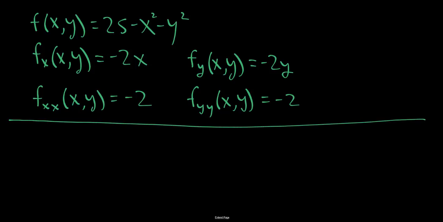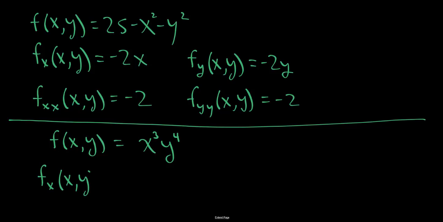So let's suppose I've got some function, f of xy, and we'll just say x cubed y to the 4th, something like that. And I want to talk about the partial with respect to x. The partial with respect to x is just going to be 3x squared y to the 4th. So y to the 4th is just like any constant that would be attached.